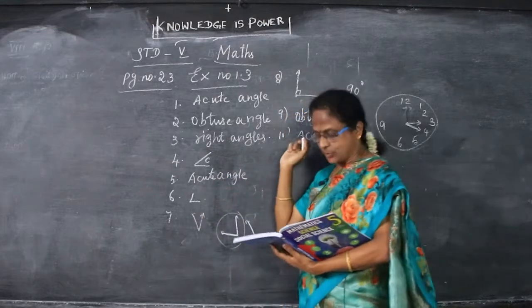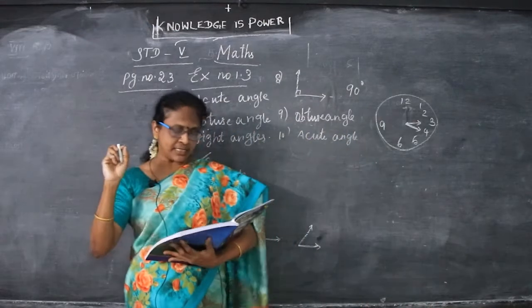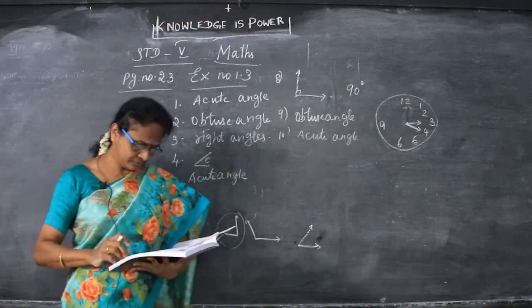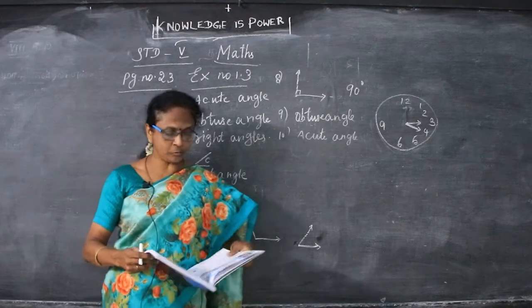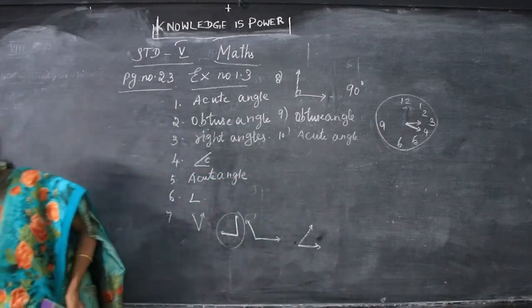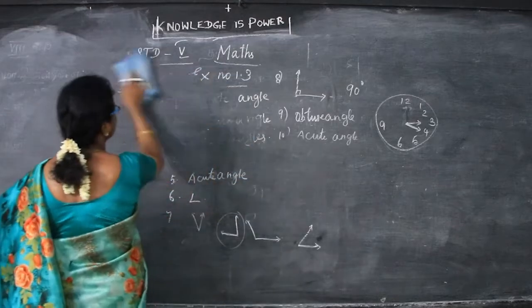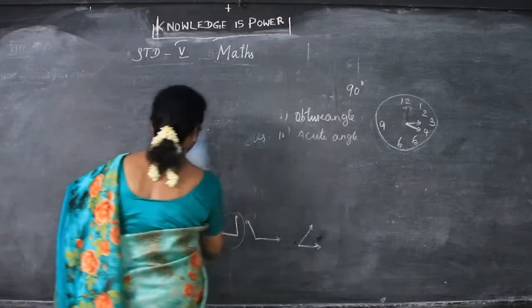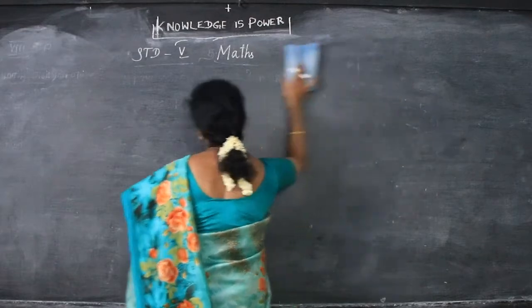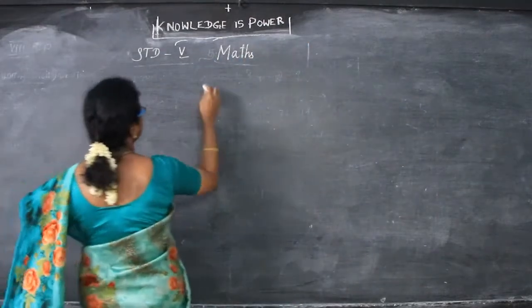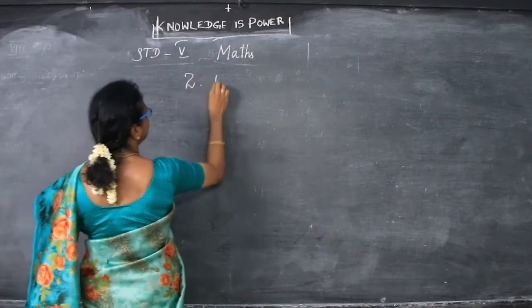Okay, children, so mark the answers and make a note of them. So in these exercises the angles will be over. Now we will move on to the next exercise, the numbers. So unit 2, the numbers.